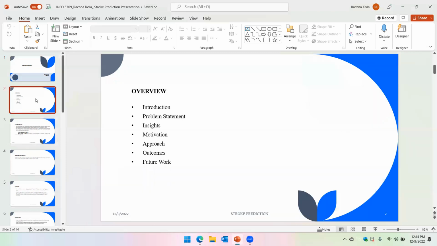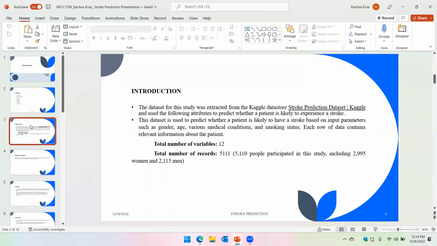There are some overviews for this presentation: introduction, problem statement, insights, motivation, approach, outcomes, and further work. Coming to the introduction, this data set has been extracted from the Kaggle website, and it has the following attributes that would predict whether a patient is likely to have a stroke or not. The attributes that would determine the stroke are age, gender, various health conditions, and smoking status.